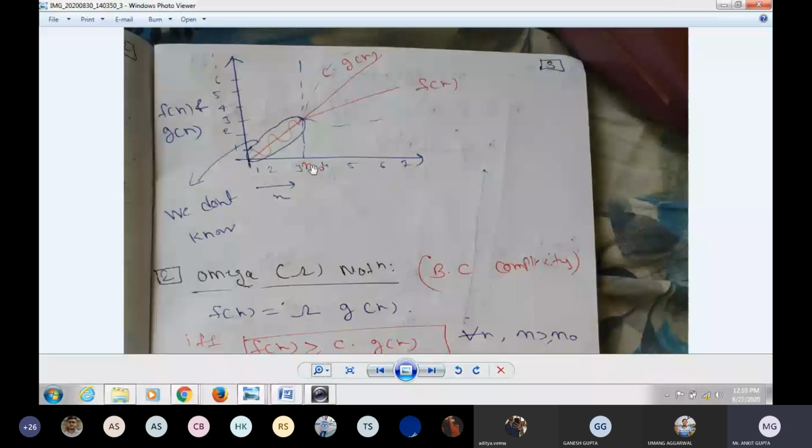So f(n) will go like that and g(n) will come like that, above f(n). Clear?